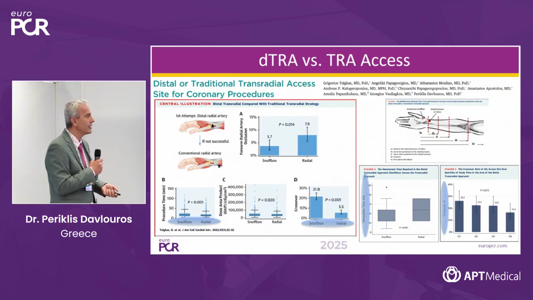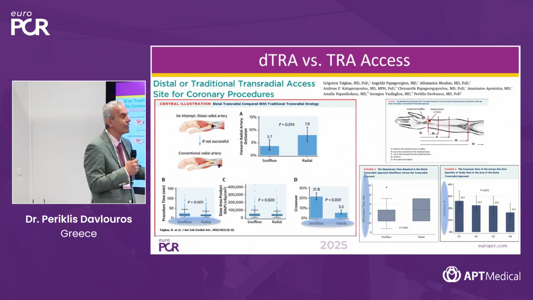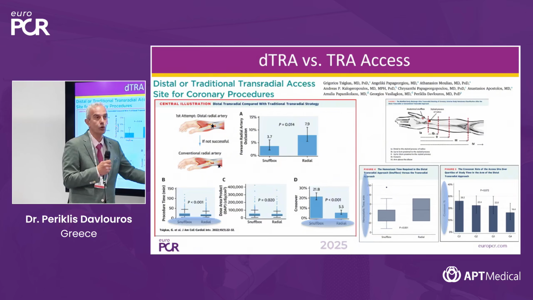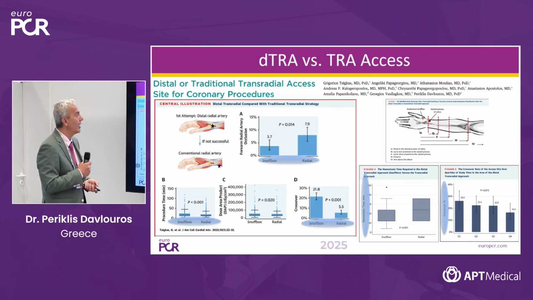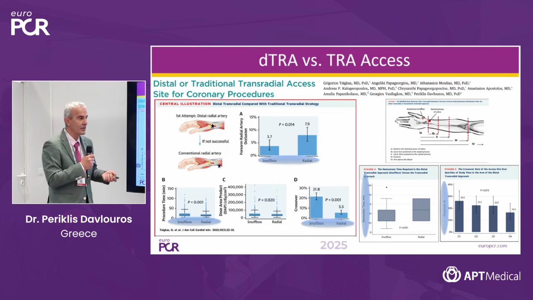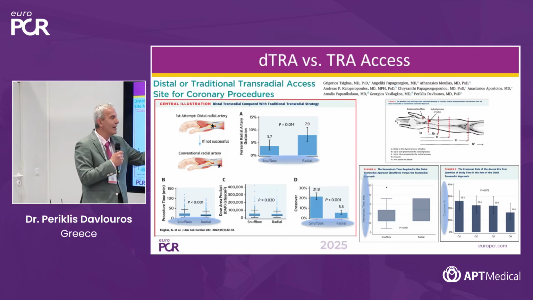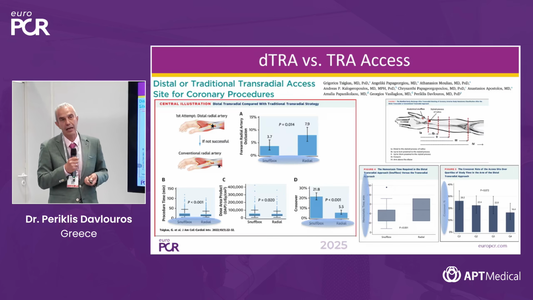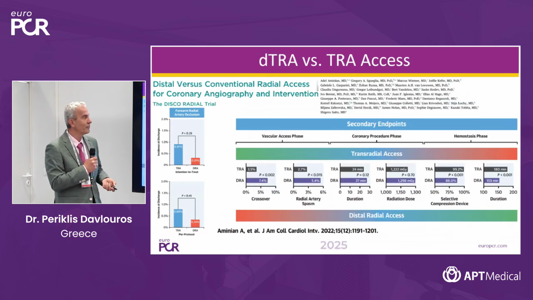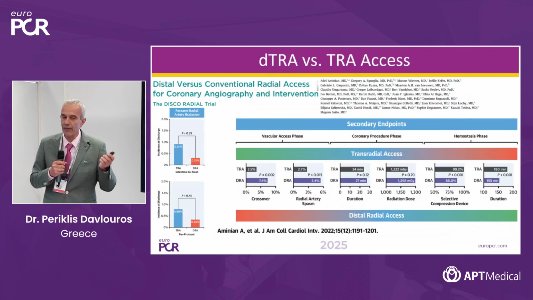On the other hand, we see that definitely the hemostasis time is shorter for the patient, and this is very important. Patients are very happy. And even more importantly, we may have less radial artery thrombosis compared to the classical radial artery procedure.